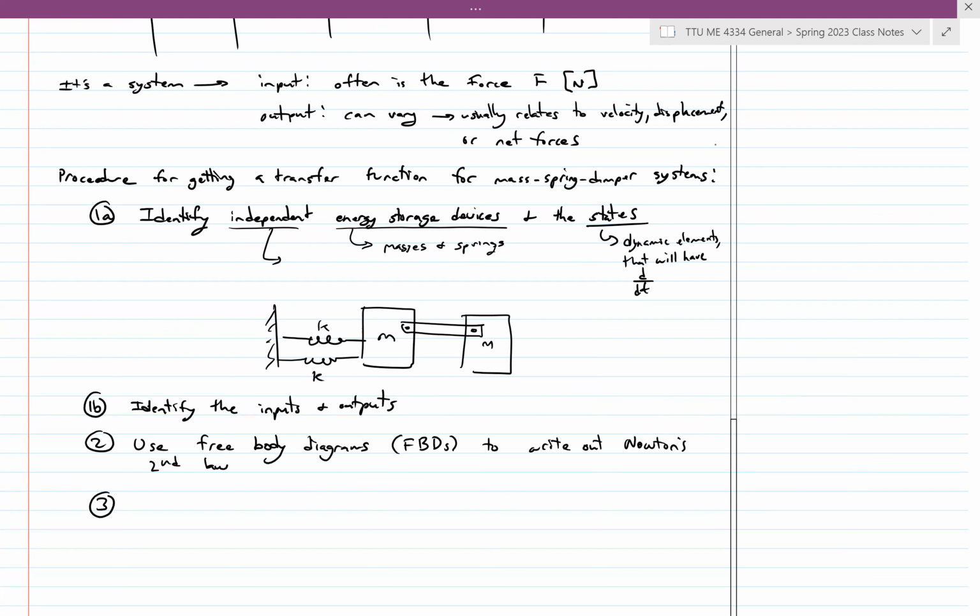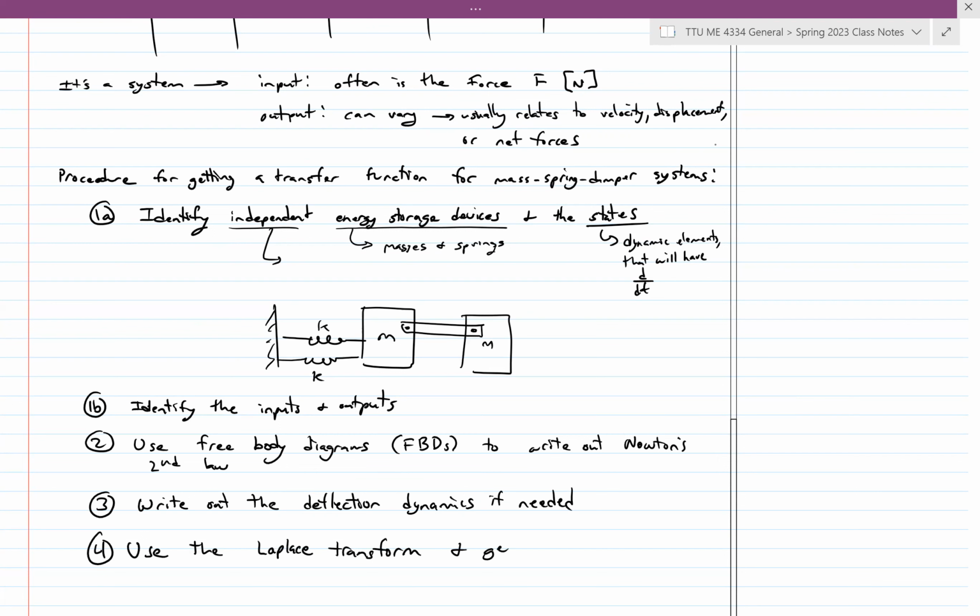From there, write out the deflection dynamics if needed. And then from there, we're going to use the Laplace transform and get the transfer function.